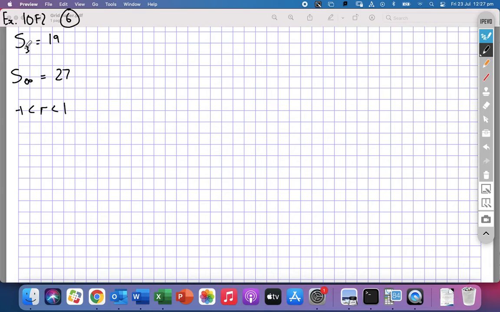It's important for you to realize that if you only sum the first three terms, you need to use your regular old geometric series formula.